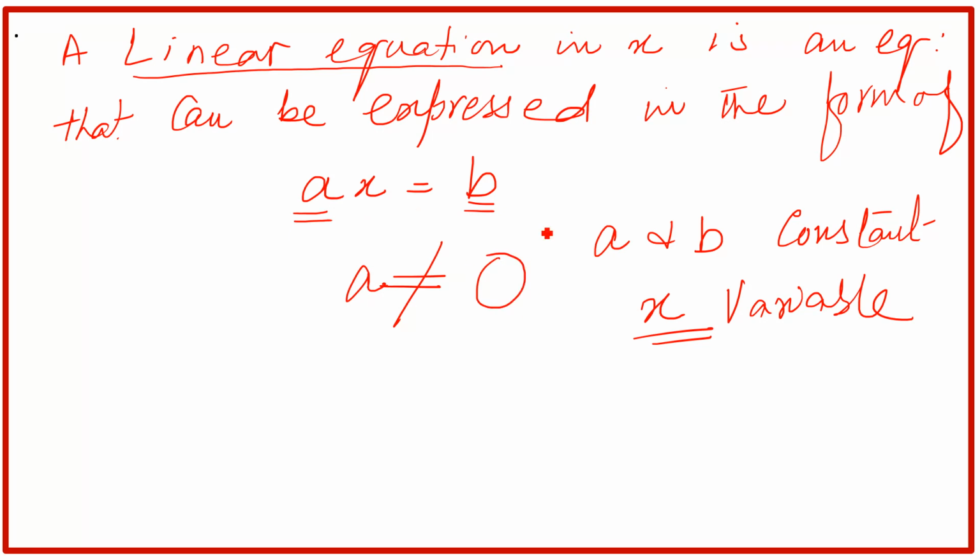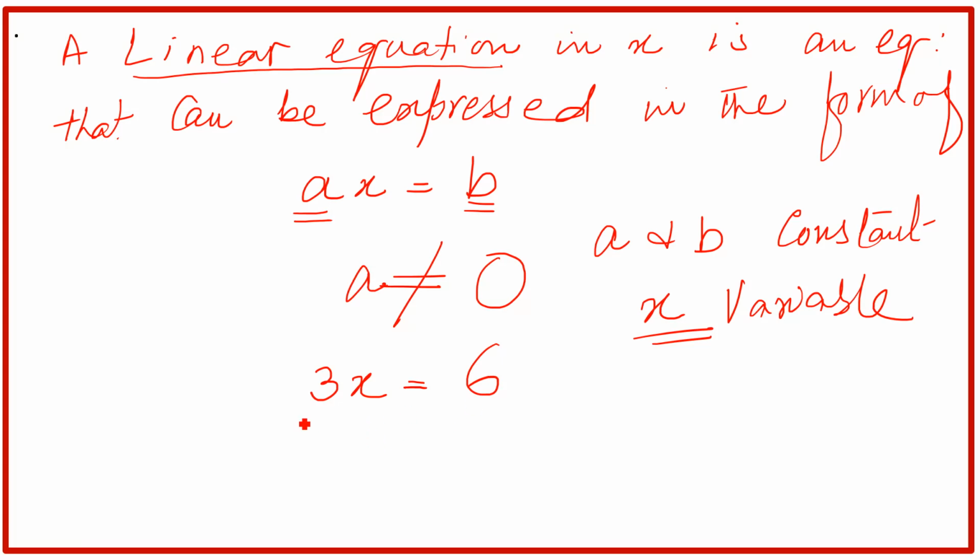This is the condition of this linear equation. Why? I told you a and b are constants. If I write 3 instead of a, 3 is the coefficient, so 3x is equal to 6. How we will solve it, I will show you in the next lesson.